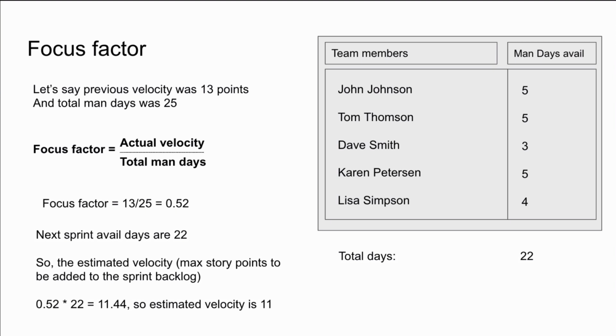So that gives us 11.4, so that's actually a velocity of 11 points. So the team can move in a total of 11 points into the sprint backlog from the product backlog.